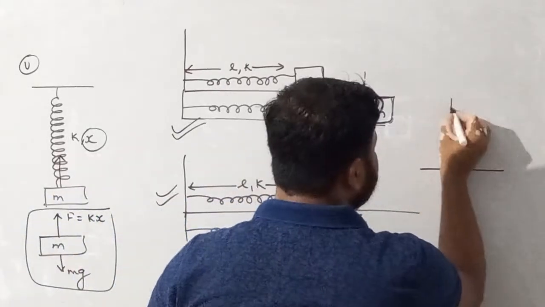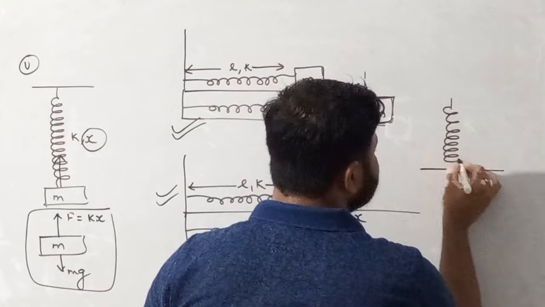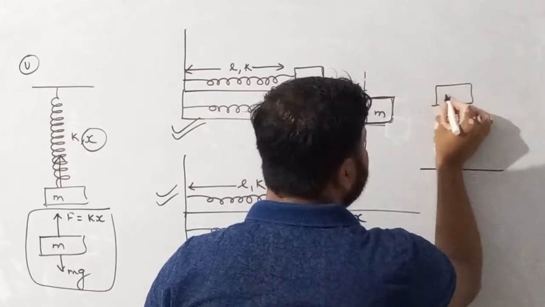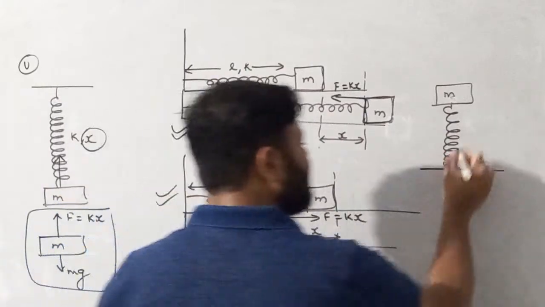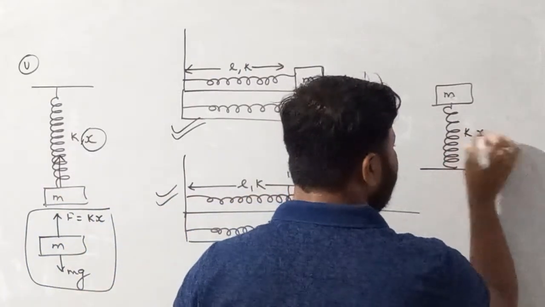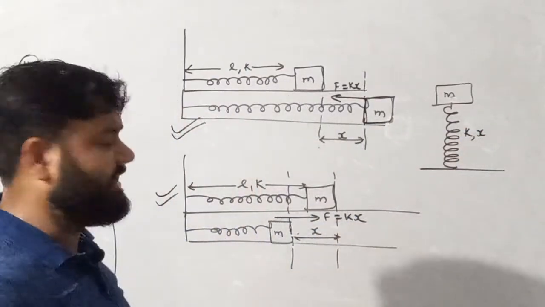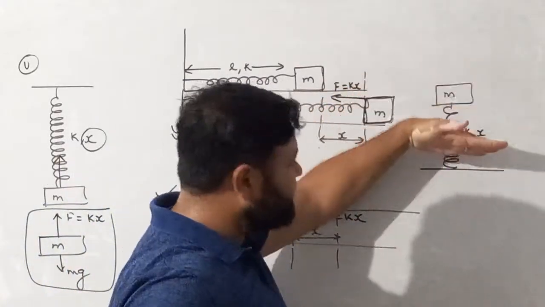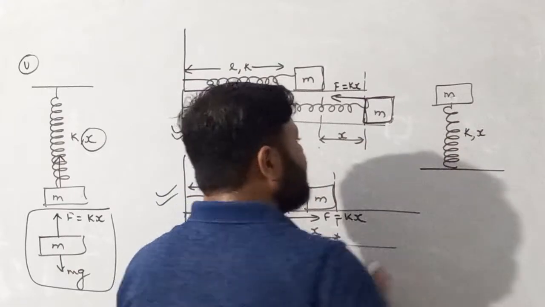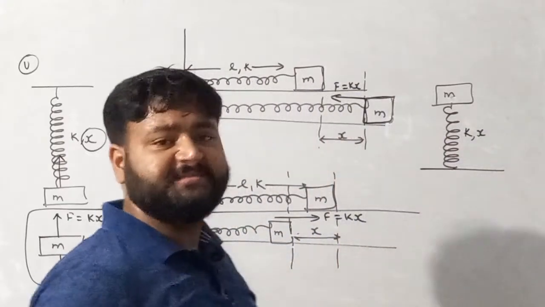Similarly, let's suppose this is a spring and there is a block placed above the spring. Let's suppose the spring constant is K and the compression is x. In this situation, the block placed above the spring compresses it. Spring always wants to be in its natural length.